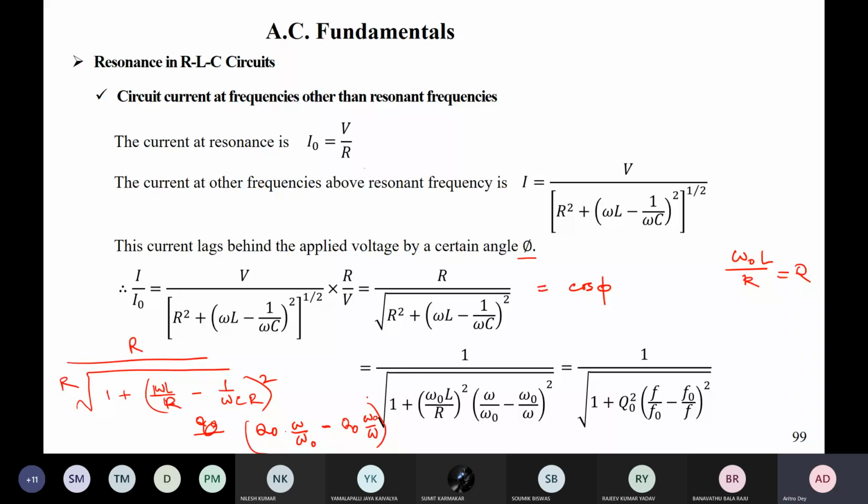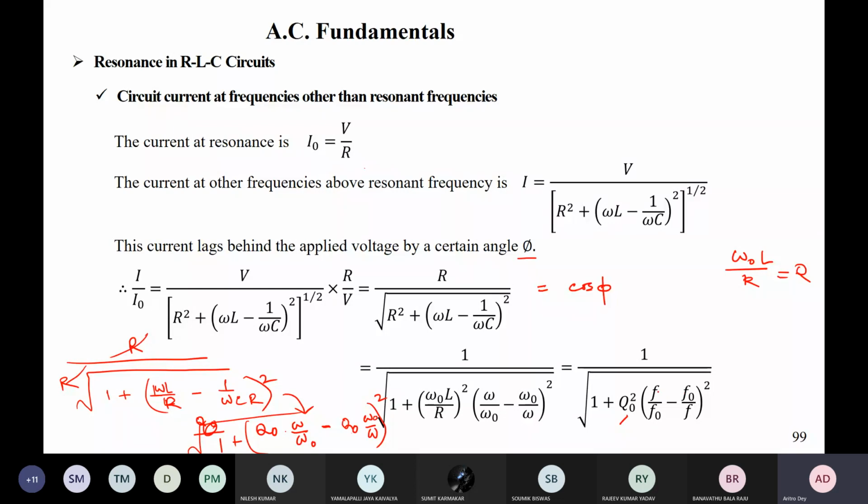This part you can write like this, root over, this R will cancel out. So what else are we left with? Here you can take Q0 common from both parts, so you can write it as 1 plus Q0 square into f by f0 minus f0 by f, whole square, because omega equal to 2 pi f, so we can write from here to here.